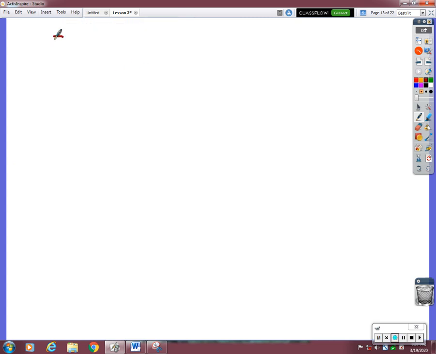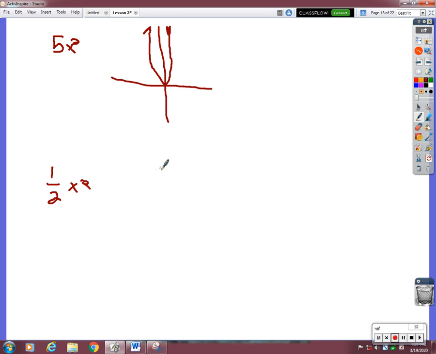So if I did something like 5x squared, so A is 5, so we know that the graph is opening up, and since that's a 5, that means I would start here in the middle and then go like 5 up and over 1, and so that means that the graph of the parabola would be pretty skinny. Whereas if I did something like 1/2 x squared, this parabola is still going to open up, but you can sort of think of the slope as being 1/2.